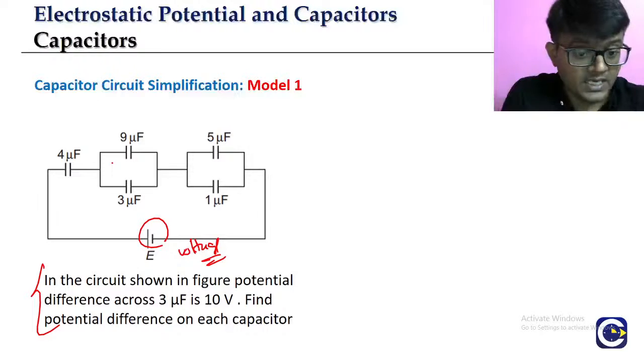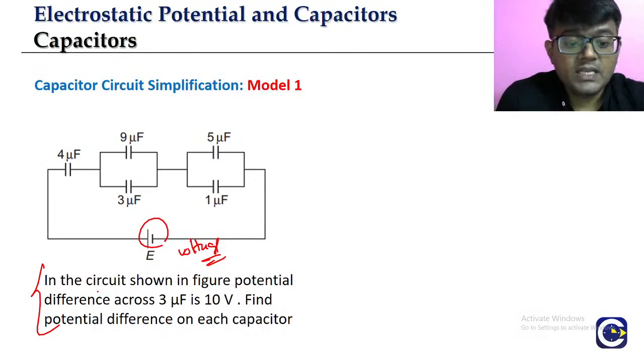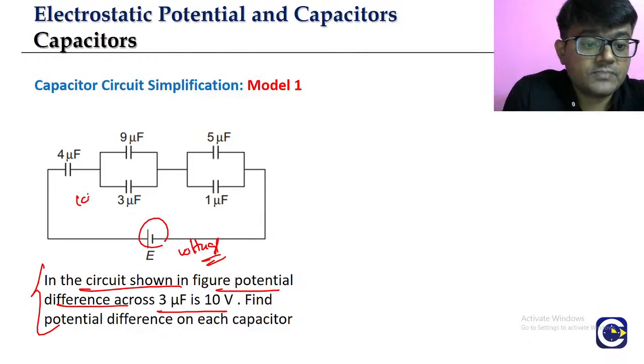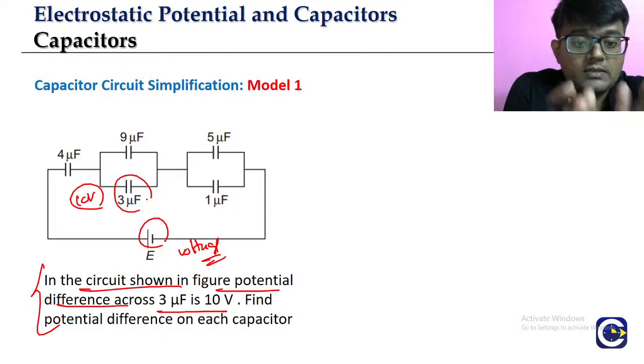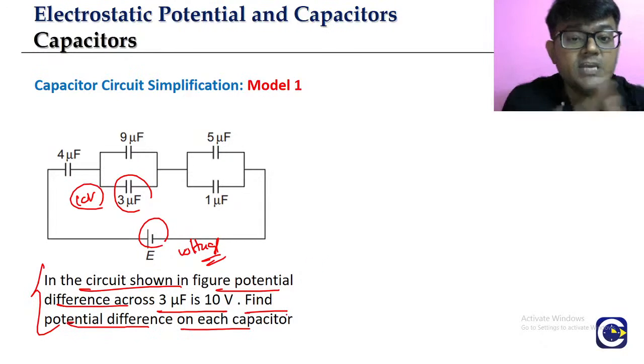Okay, look at the question. In the circuit shown in the figure, the potential difference across the 3 microfarad is given. What is it? 10 volt. The potential difference across that capacitor is 10 volt. Find the potential difference on each capacitor.